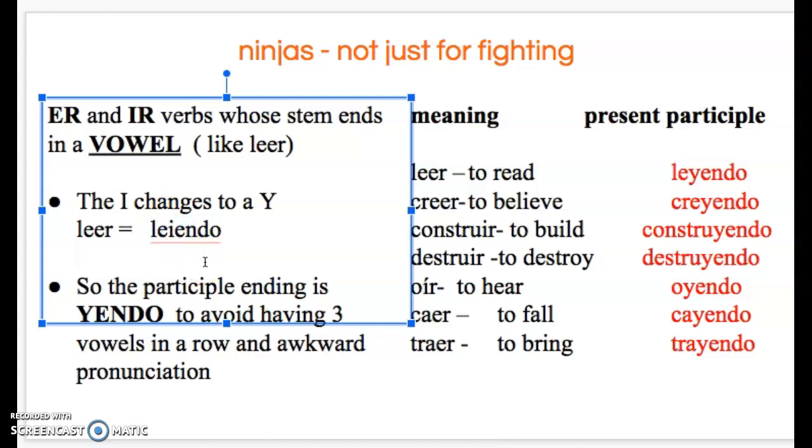Plus the pronunciation is poor. Leyendo, it's awkward and kind of choppy. And you can see that my computer doesn't like it because it wants to spell check it. So what happens is you get out your ninja sword and you raise it high and you go hi-yah, and you change that I to a Y. Now it's leyendo, and that sounds way smoother.